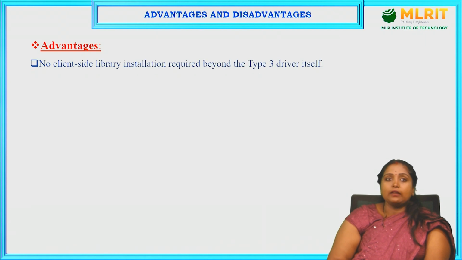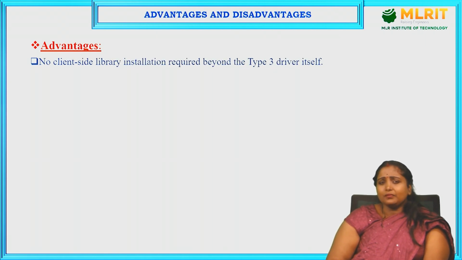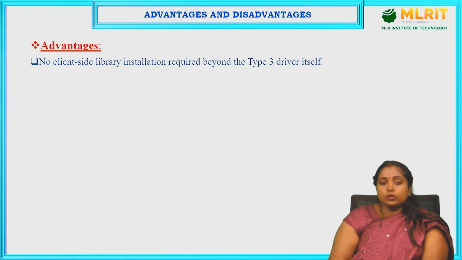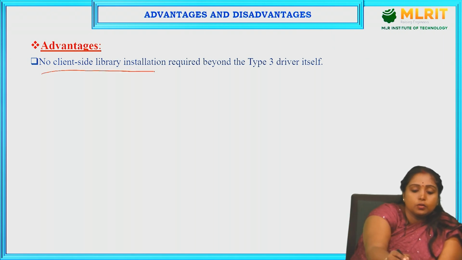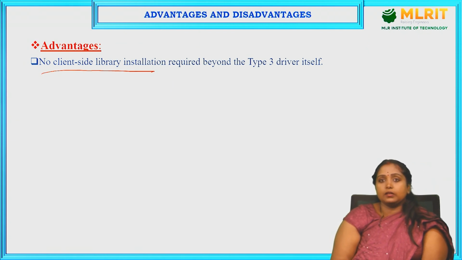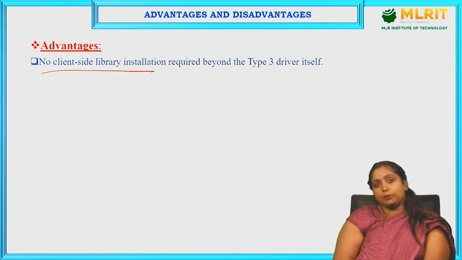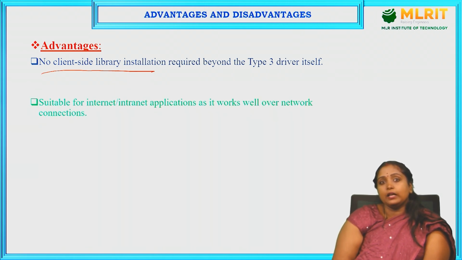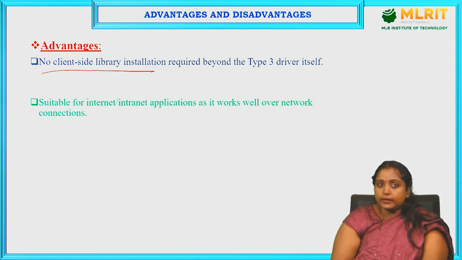Coming to the advantages, in the network protocol driver no client-side library installation is needed, because we are using the middleware. So there is no need to install the vendor database library. The second advantage is that it is suitable for internet and intranet applications, and it works well over network connections.